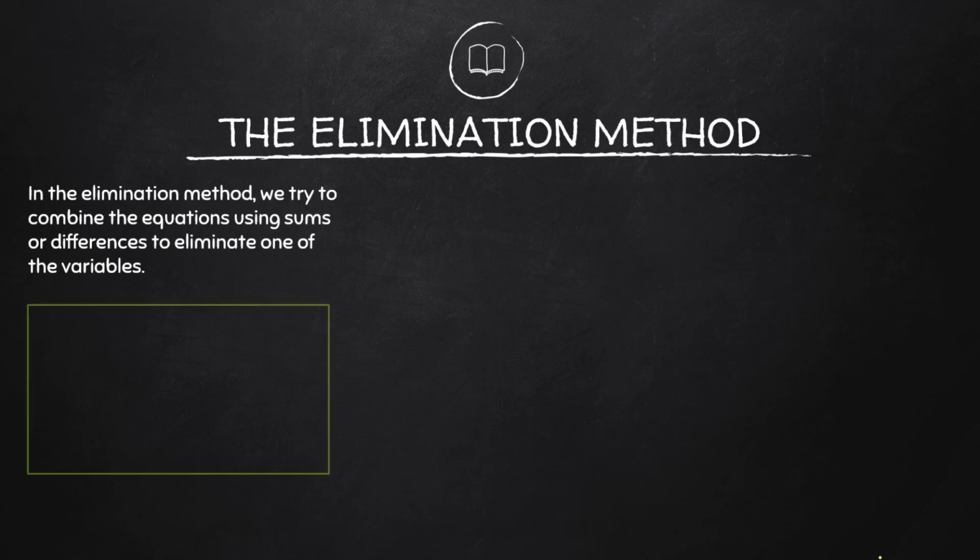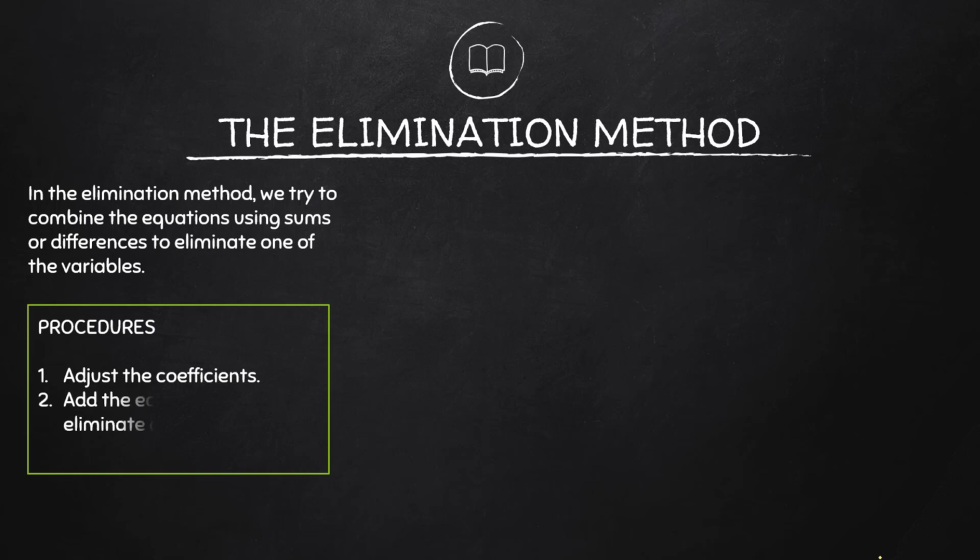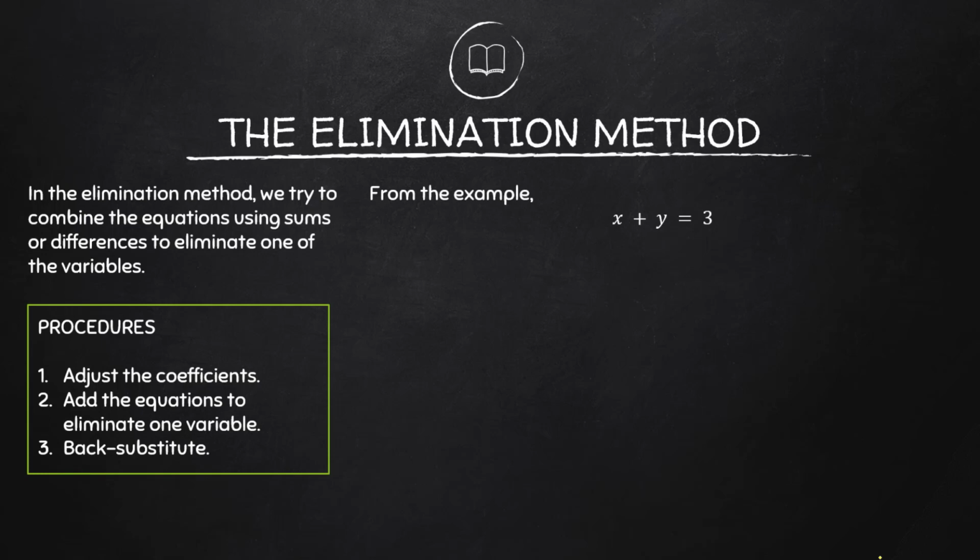The general procedure for the elimination method is to adjust the coefficients, to add the equations to eliminate one variable, and to back substitute. From our example, we have x plus y equal to 3 and 2x plus y equal to 4.